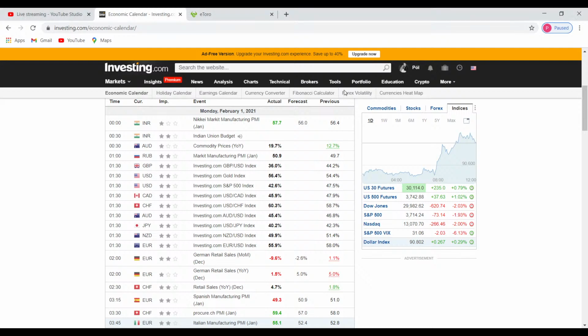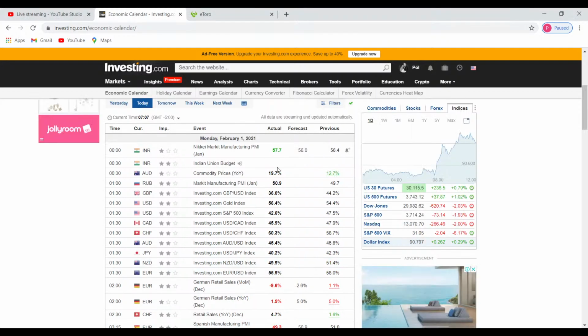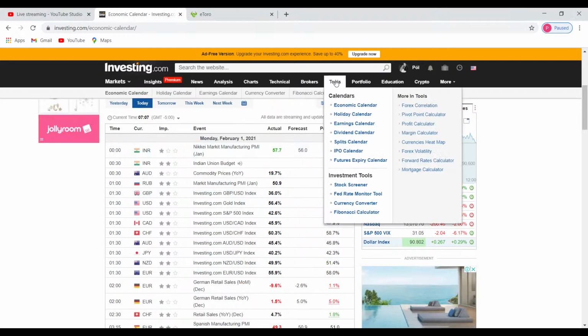If you go to investing.com, you will see here, I don't know if people are using this, but this is what I'm using. In the tools up here, you have an economic calendar, holiday calendar, earnings calendar, and dividend calendar. Actually, these 4 calendars are extremely helpful. Dividends, yes, you can look at them and so on.